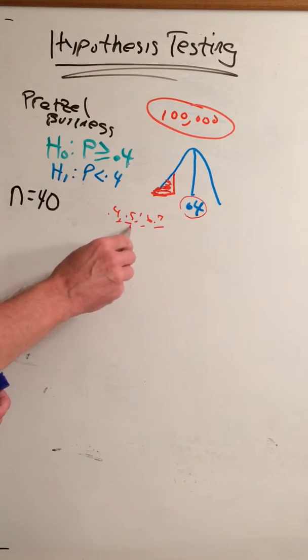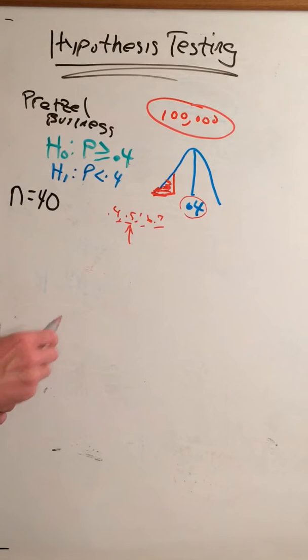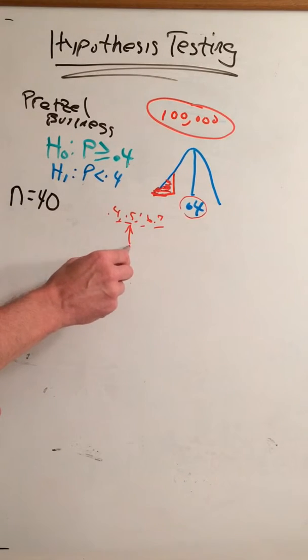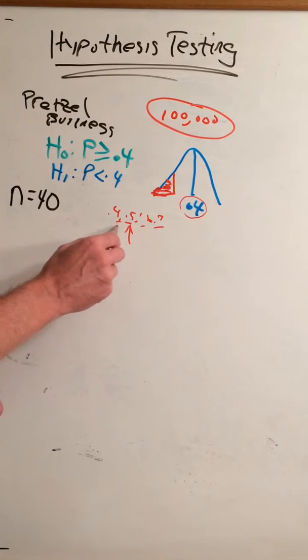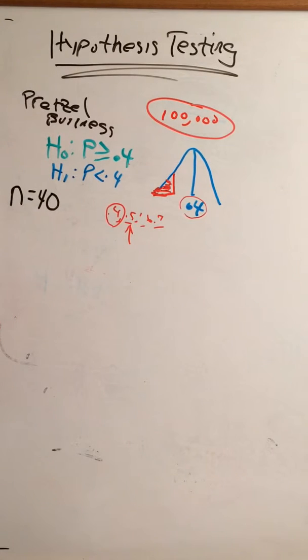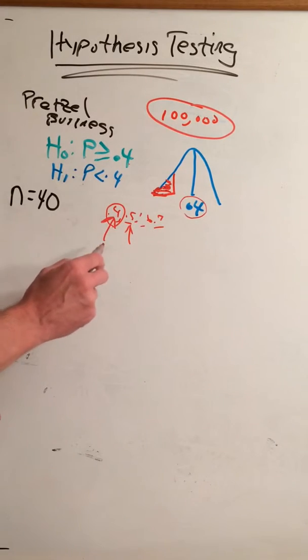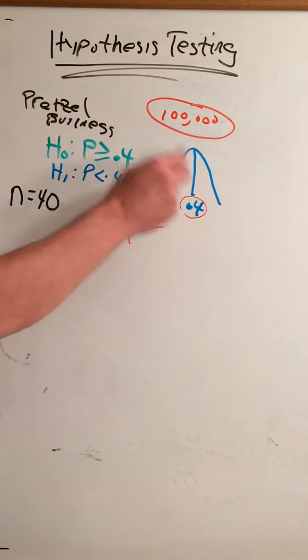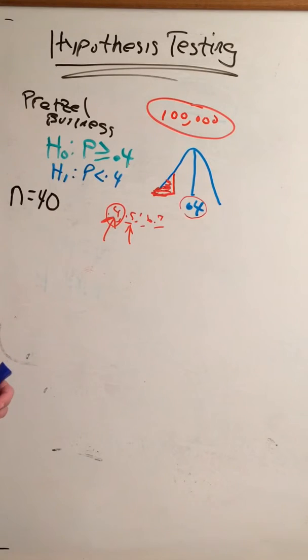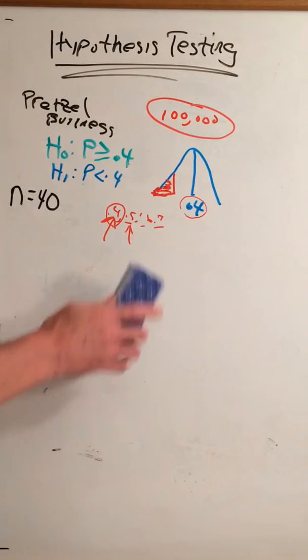But suppose we chose 0.5 and rejected the null hypothesis at 0.5. That doesn't mean we can reject it at 0.4, because it might not be enough to reject at 0.4. If we can reject at 0.4, we can reject all the other ones. So that's why we chose 0.4.